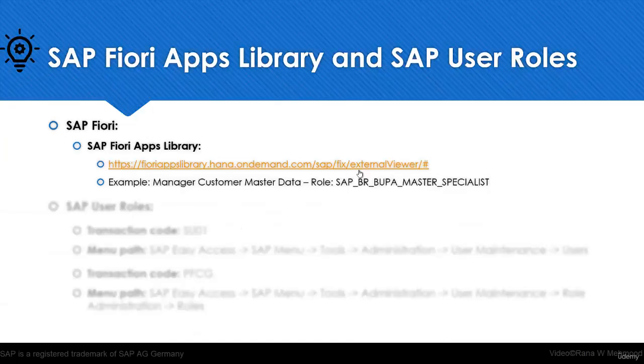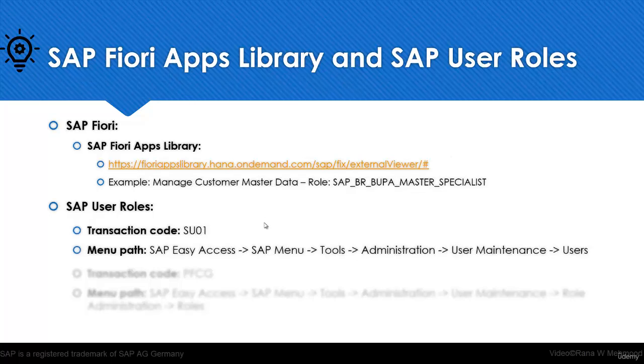So now you have to understand where you have to assign this role so that you can see the app Manage Customer Master Data. You can use the transaction code SU01 or its menu path is SAP Easy Access, SAP Menu, Tools, Administration, User Maintenance, and then Users.